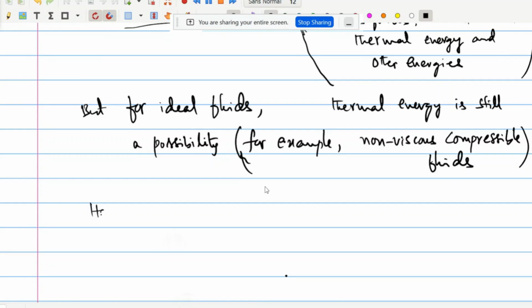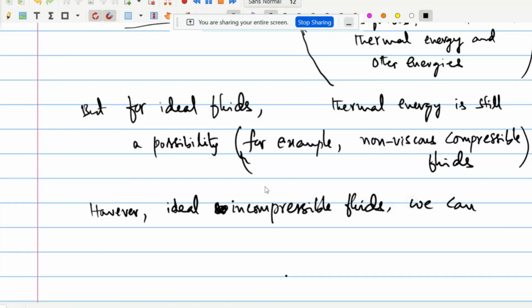However, for ideal incompressible fluids, we can assume that only kinetic energy is feasible. Okay.